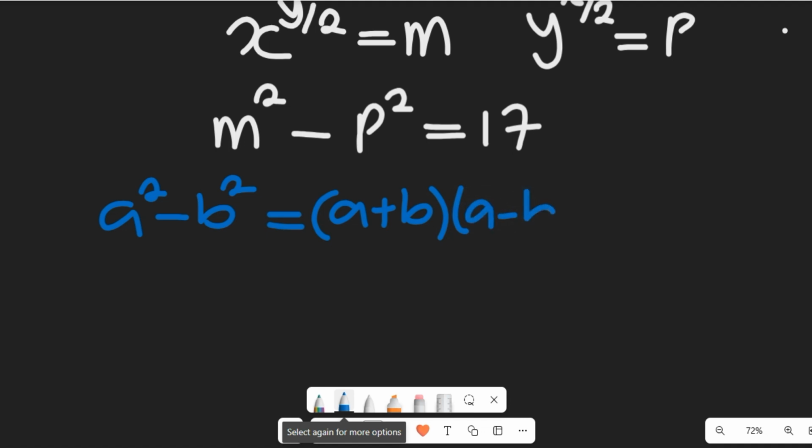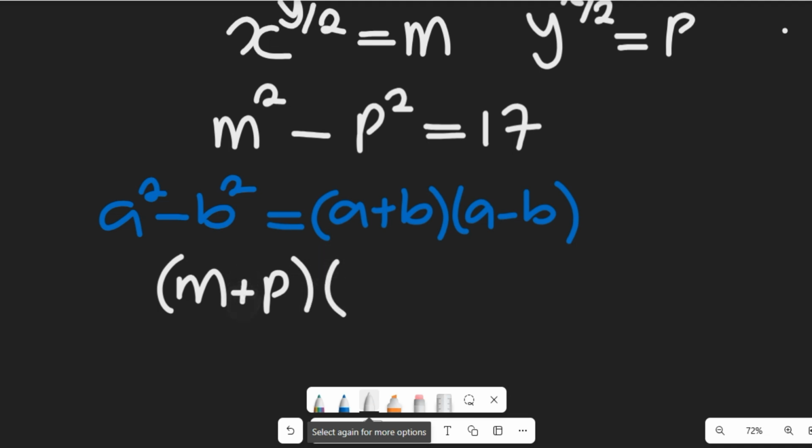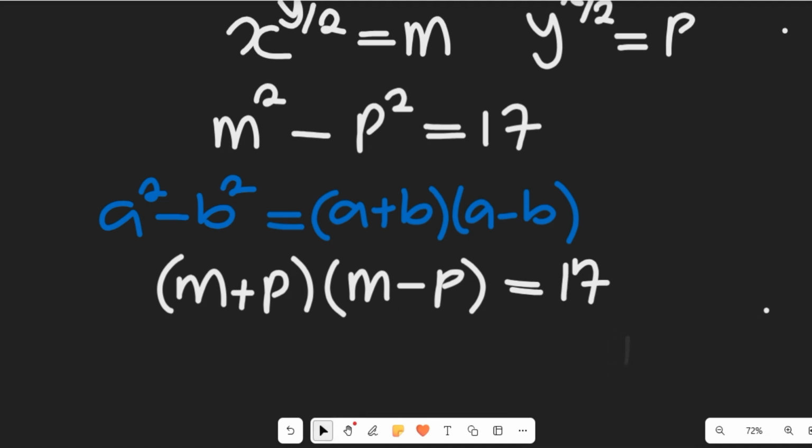A minus b. So wetin I go do now na to write dis one like algebra. Dat one go give me m minus p, m plus p. You fit write any one, which one wey come first dey okay. Now two of dem go dey equal to 17.